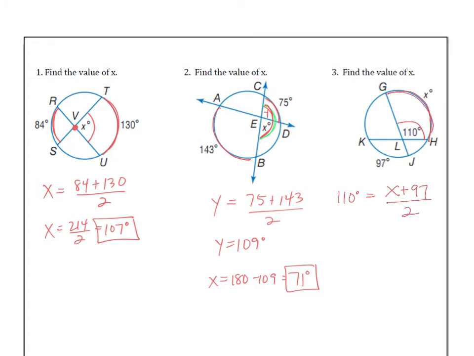Remember, you add the arcs and divide by 2, and that equals the angle. That's how we set it up. Think about how you get x by itself. I'm going to start by multiplying by 2 on both sides to get that 2 off the bottom of the fraction. I wind up with 210 on the left and x plus 97 on the right. Minus out 97.